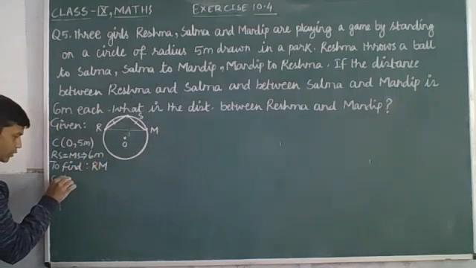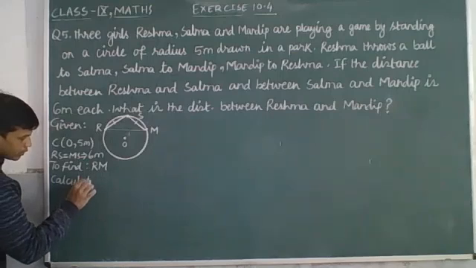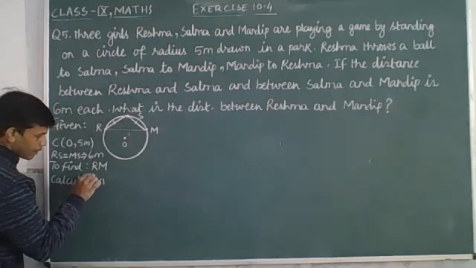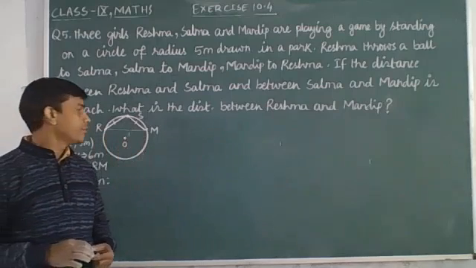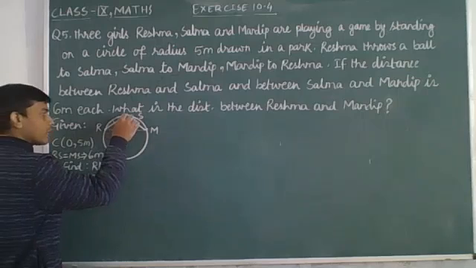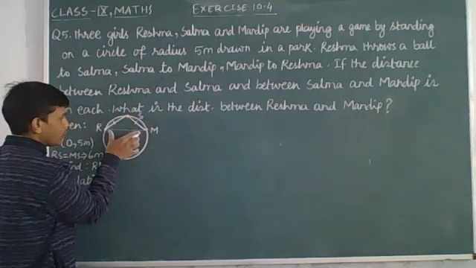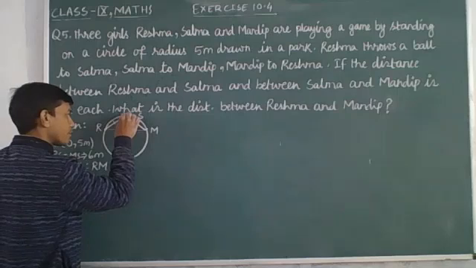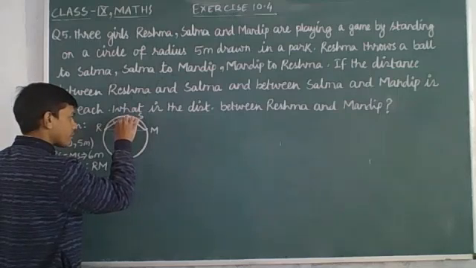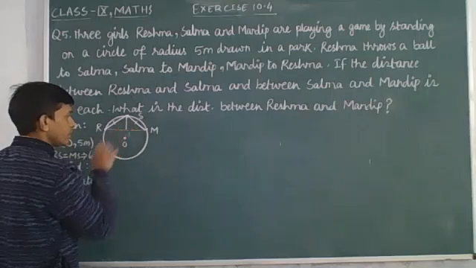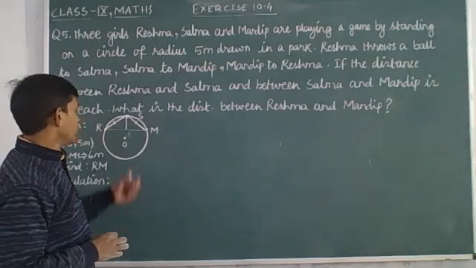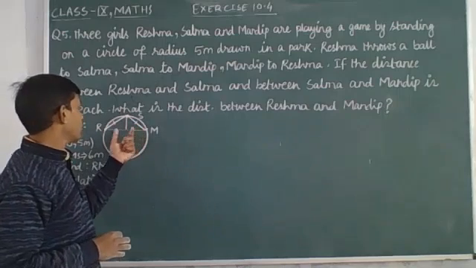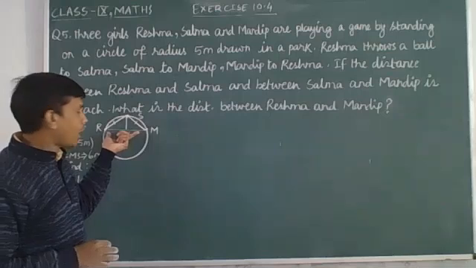So let's check how this RM could be determined. In order to calculate this RM, we draw a perpendicular from S to the opposite side RM. And here this RSM is an isosceles triangle, so obviously this perpendicular would bisect the third side RM.